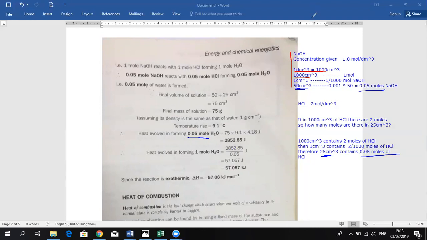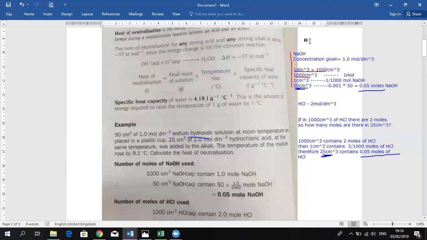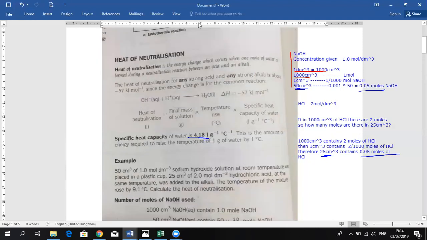But going back to our definition, the heat of neutralization is the energy that occurs when 1 mole of water is formed during a neutralization reaction. So in all of these reactions that they give us, most of the time you're not going to be working with 1 mole of water.